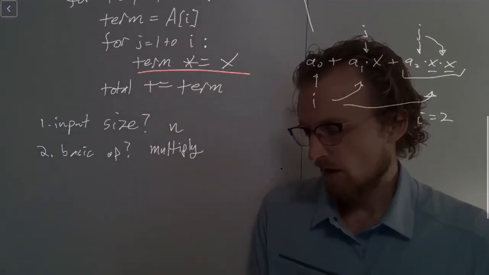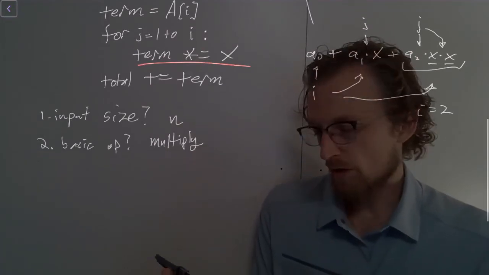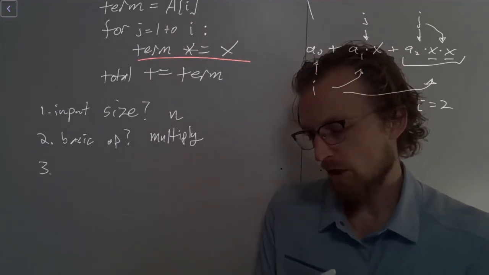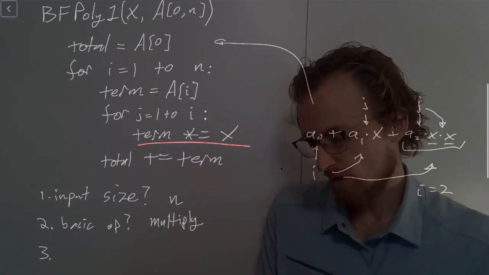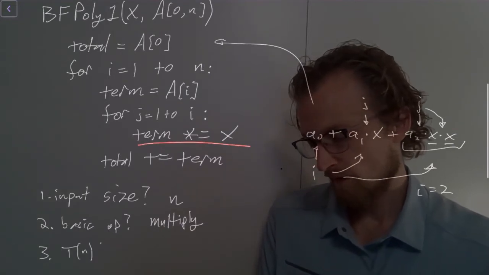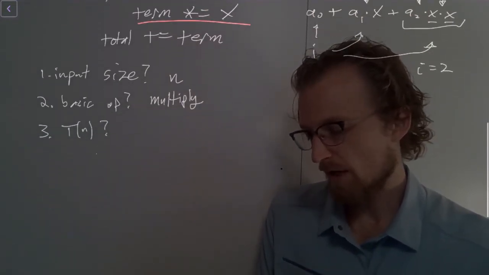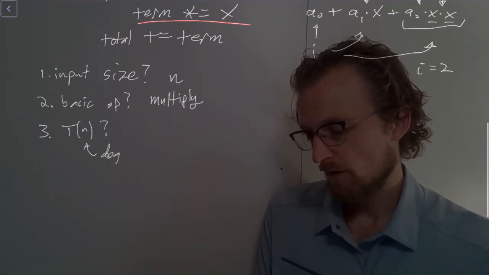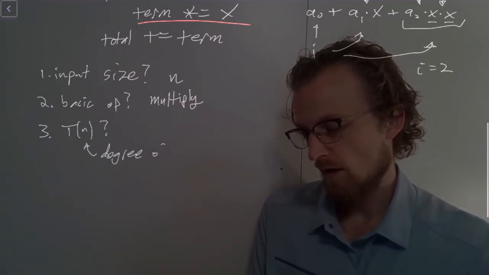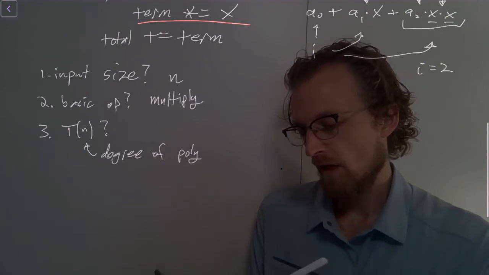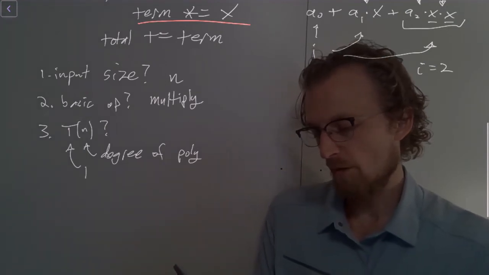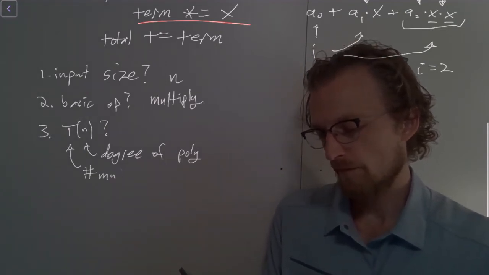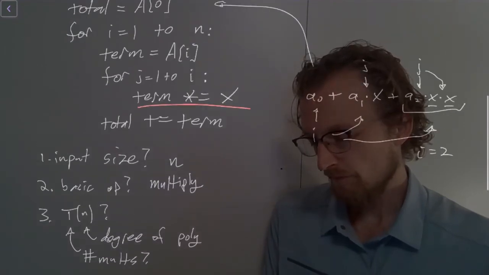Okay. So now the question is, what's our expression for the number of multiplications? So what is t of n, where n is the degree of the polynomial, and t represents the number of multiplications, the number of mults?